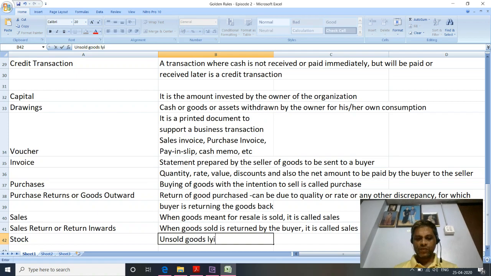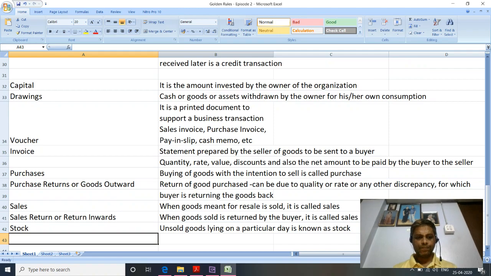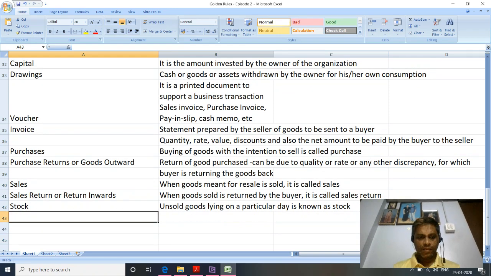Then stock. Unsold goods lying on a particular day is known as stock. Then, what is income?